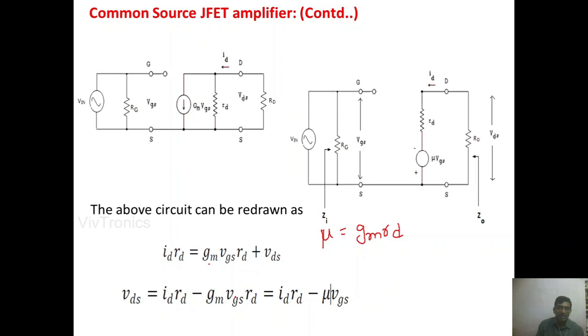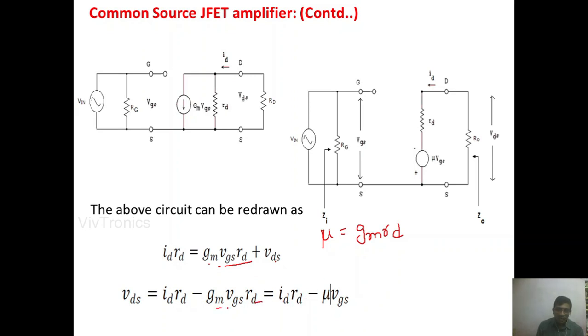Therefore we can take VDS equal to ID RD, and we move the gmVGS term to the left hand side, which becomes minus gm RD. So VDS is equal to ID RD minus gmVGS into RD, and as I told, mu is equal to gm into RD.